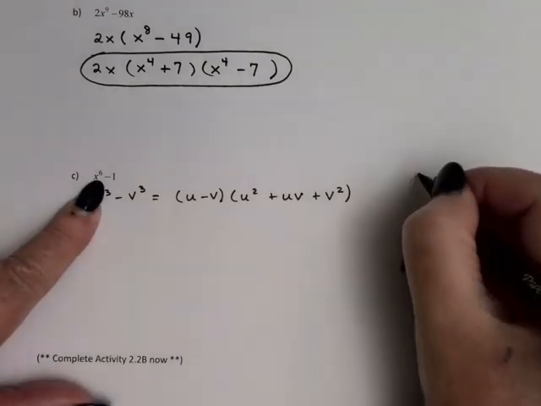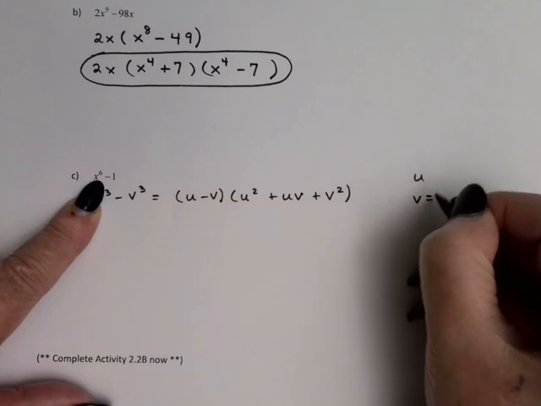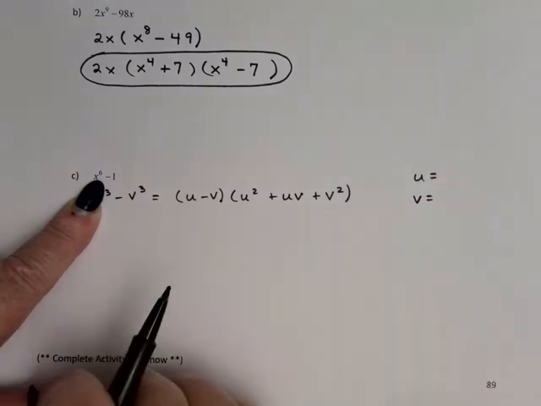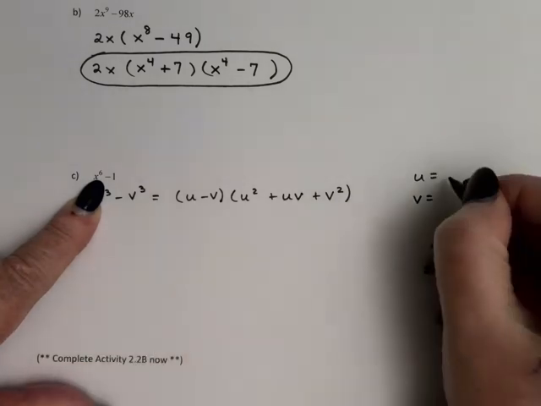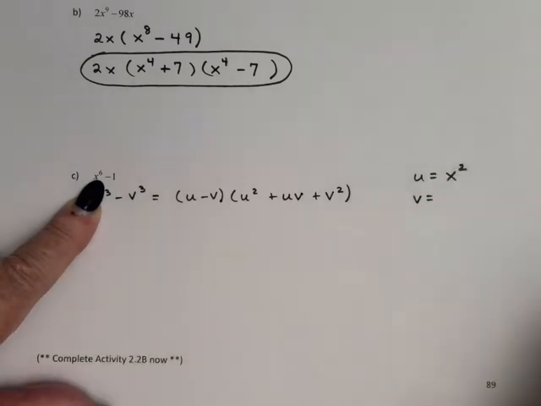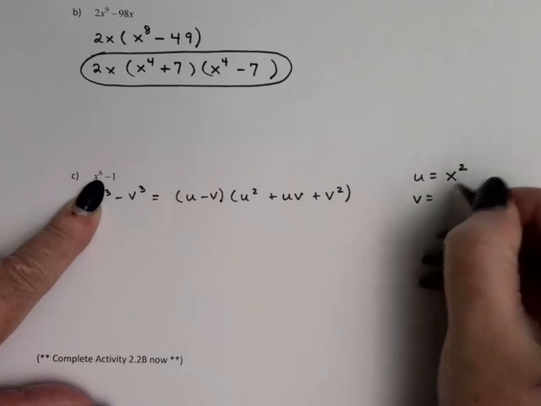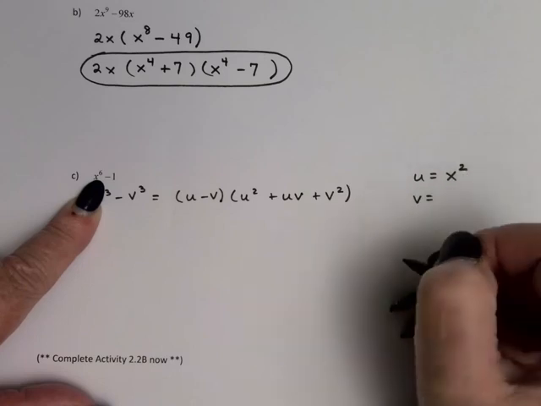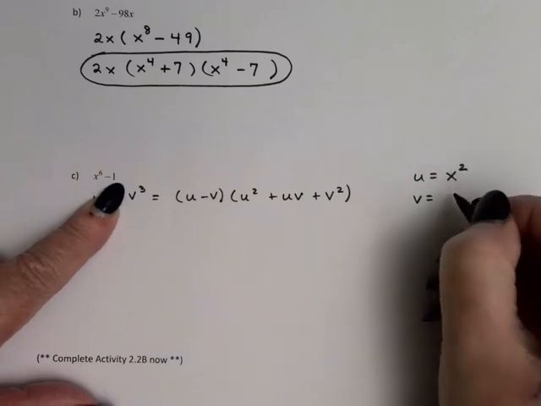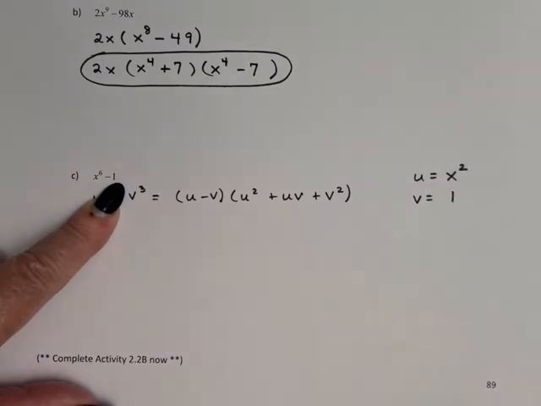All right, what are u and v? Well, let's see. The cube root of x to the 6th would be x squared, right? If I raised that to the 3rd power, 2 times 3 would give me that 6 again. And the cube root of 1 is just 1.